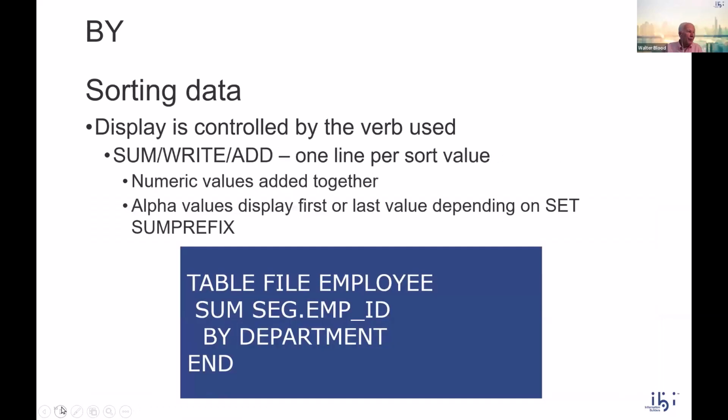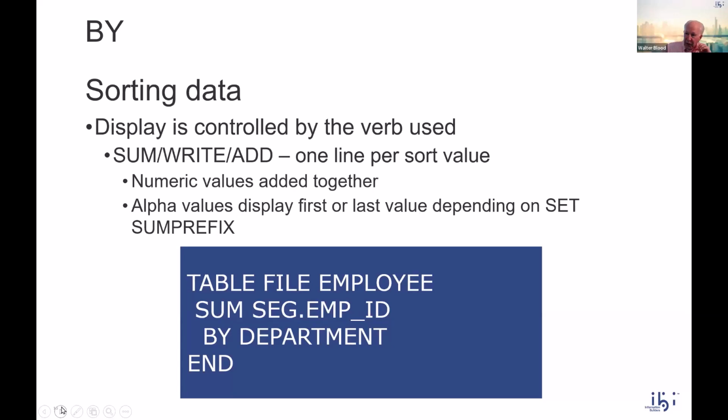Now, the other verbs that we have, two other verbs, actually two types. One, sum, write, and add all mean exactly the same thing. We show in these cases exactly one line per sort value. If there are numeric values, those values in a given field are added together.